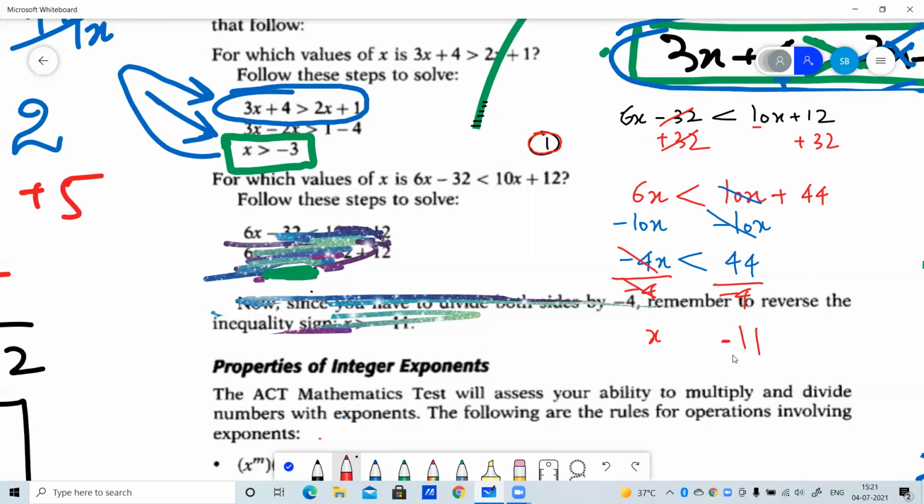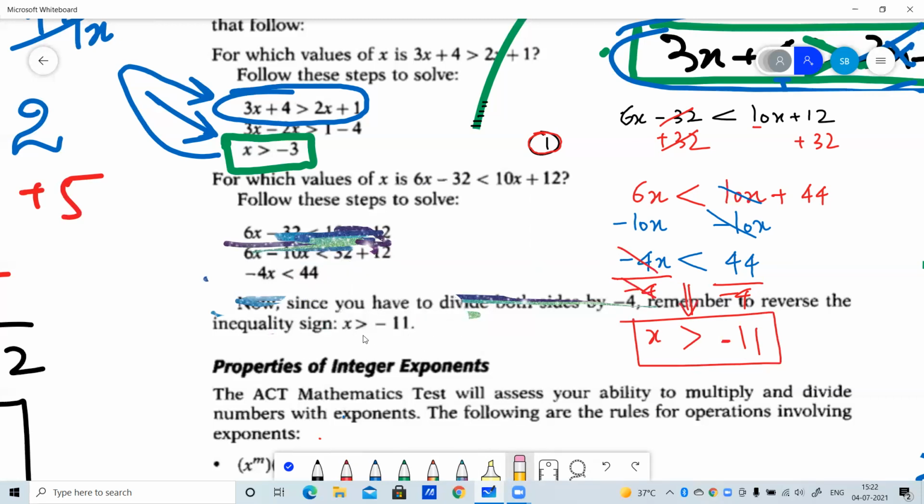But what will happen to the inequality? It will flip. Correct. This is where it flips. Yes. So x will be greater than -11. So x is greater than -11. This is the answer. Mm-hmm.